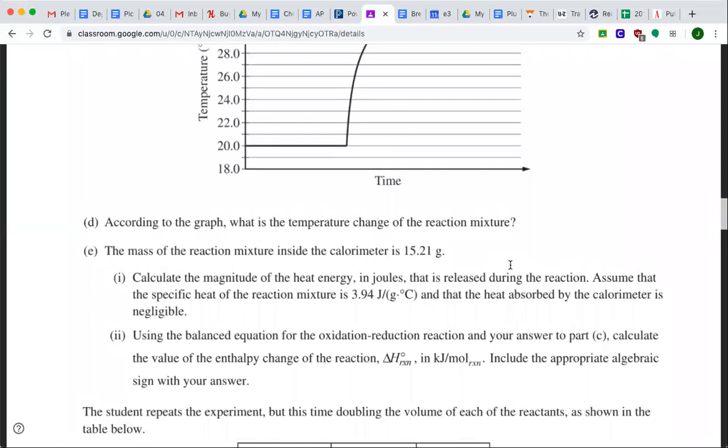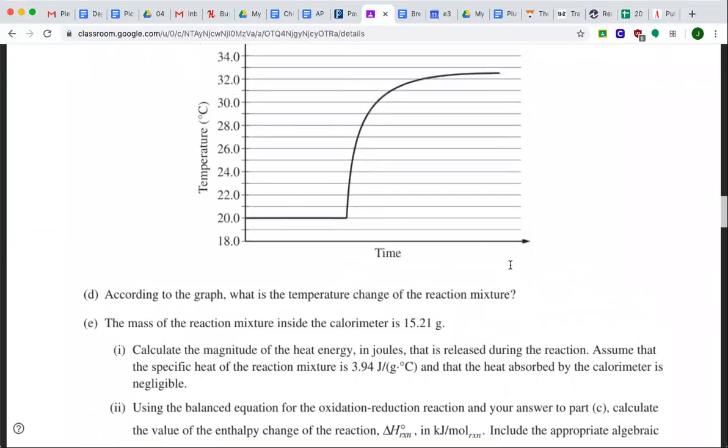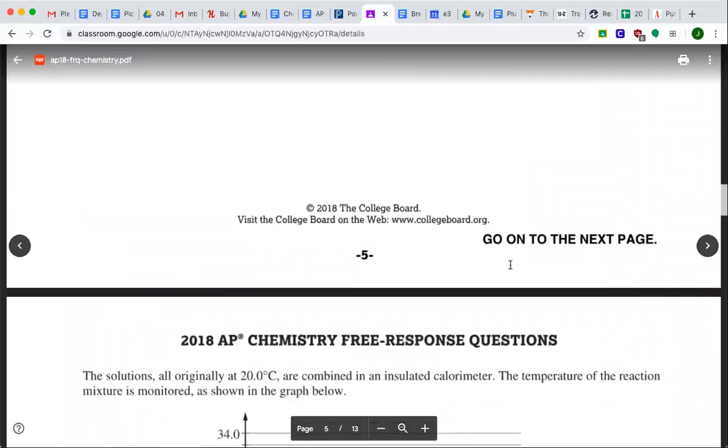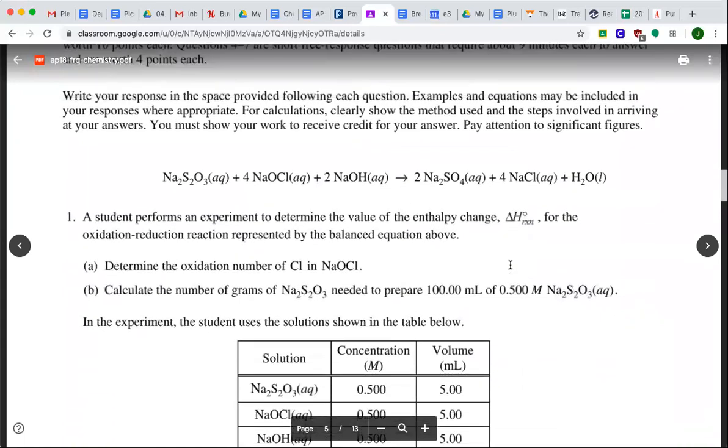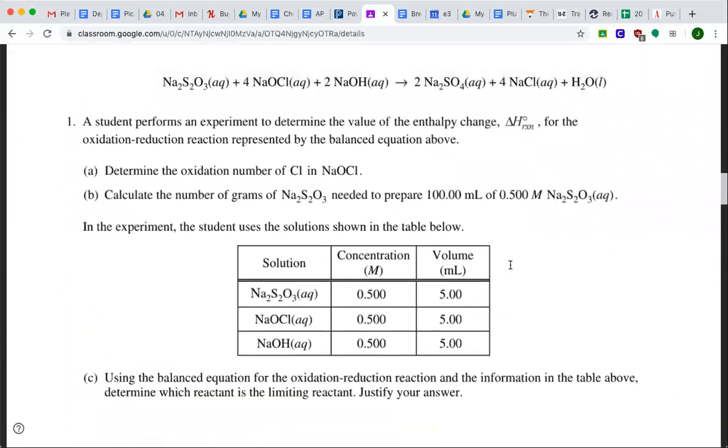So this reaction is losing 749 joules when we react, as we said earlier, 2.5 times 10 to the negative third moles of this guy.